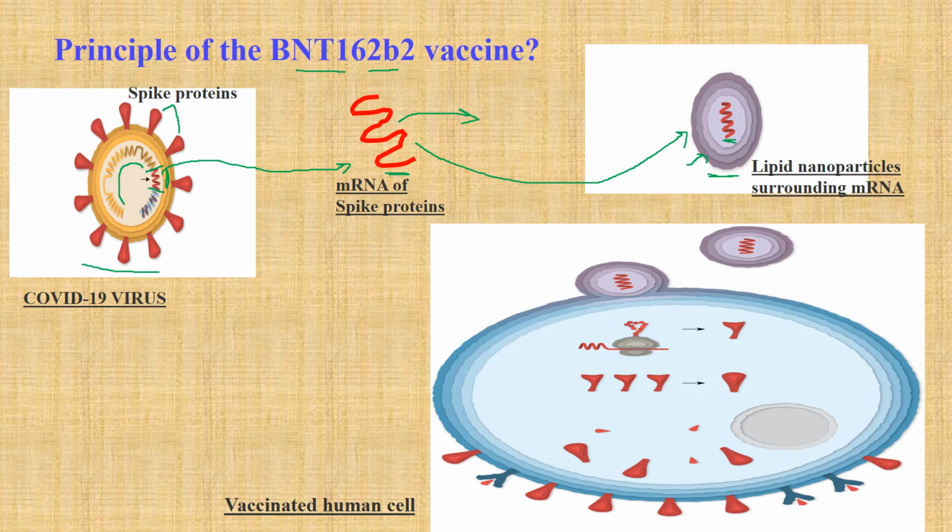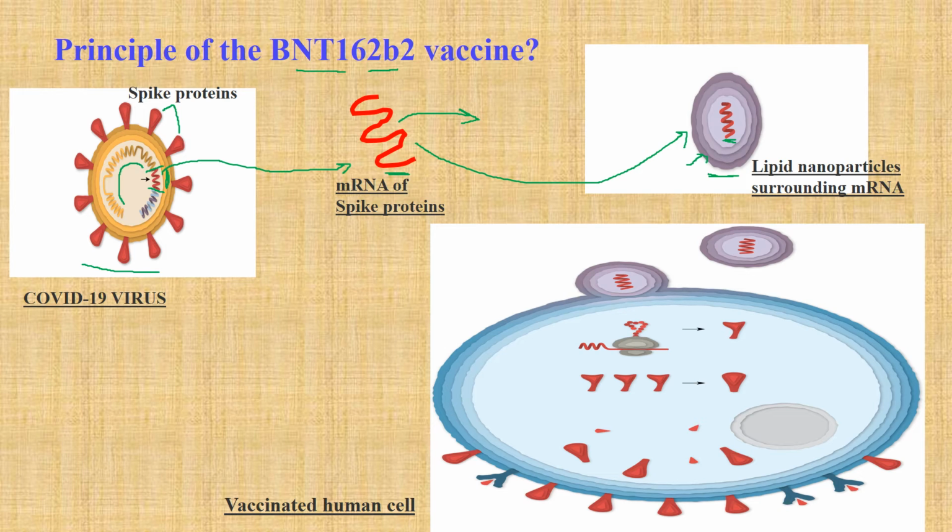Also, because this messenger RNA is very fragile, if we leave it at room temperature, it can easily degrade. So that is why Pfizer produced freezer boxes at less than minus 70 degrees Celsius in order to store this vaccine so that the messenger RNA will not degrade.